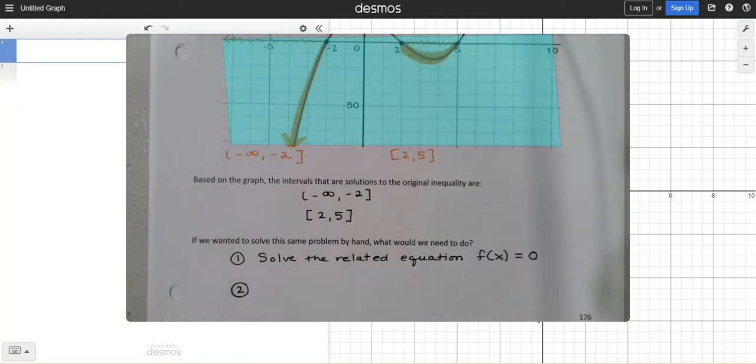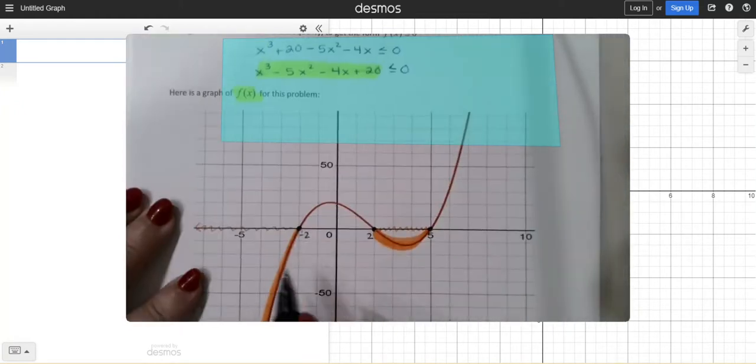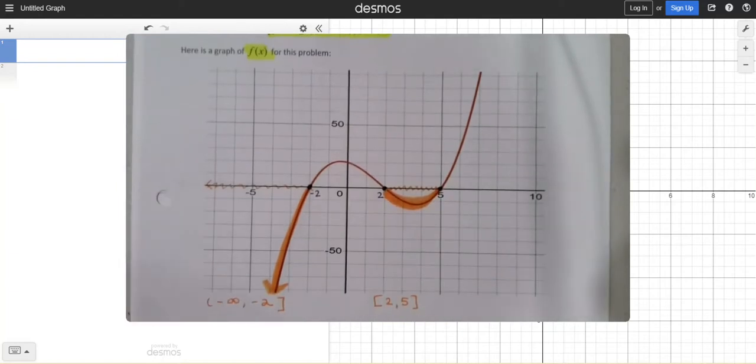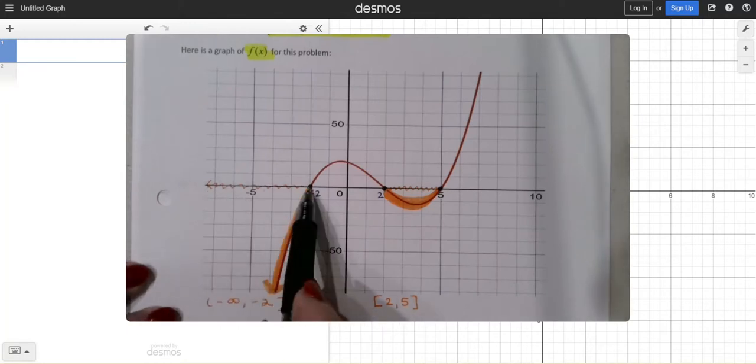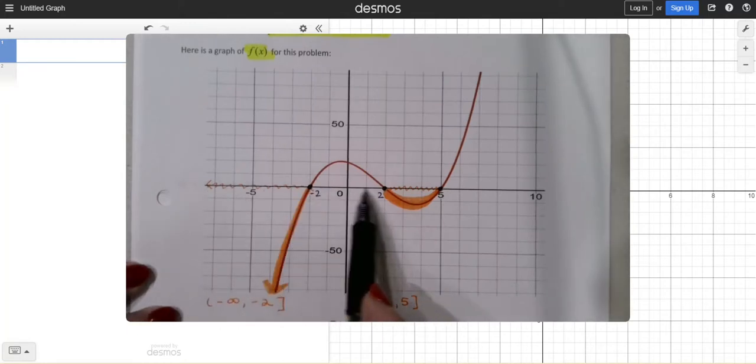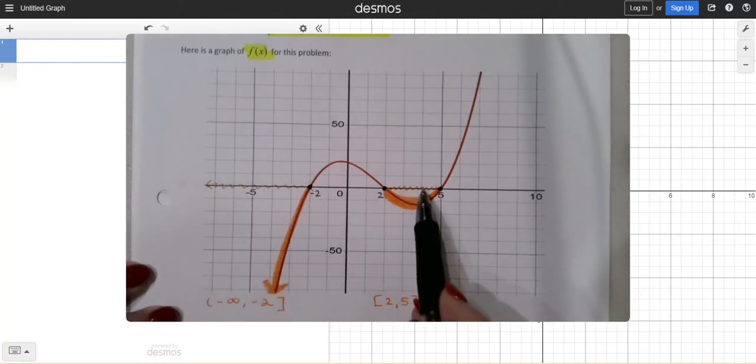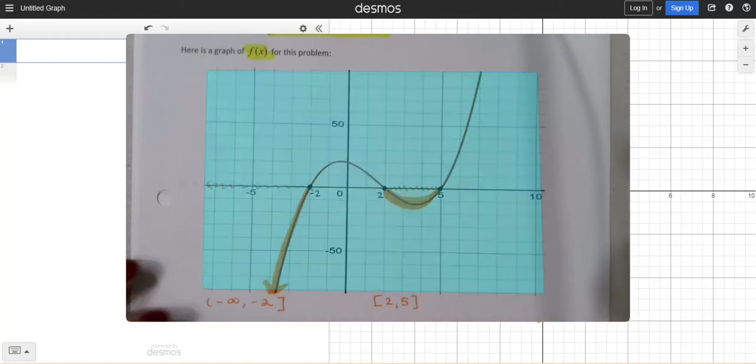All right, once I've solved that, so I now know what the zeros of my polynomial are, essentially what I'm going to have are several sections of x values, right? I'll have a section before the first 0, a section in between zeros, another in between, and then a section after the last 0.